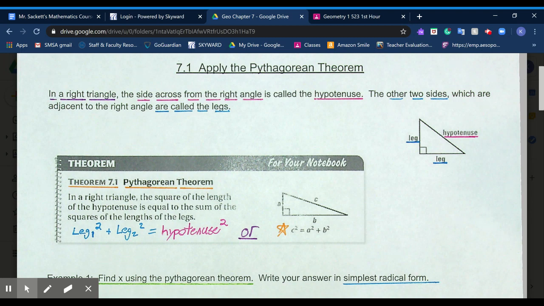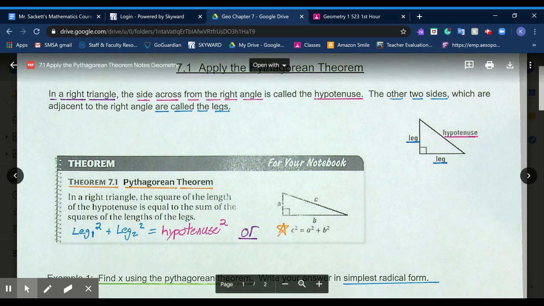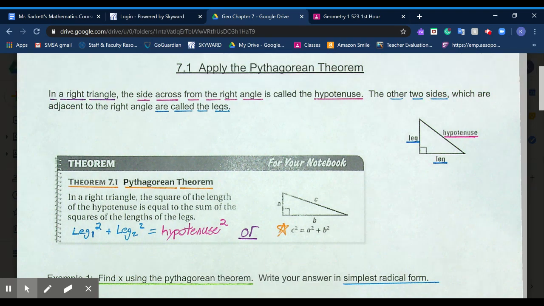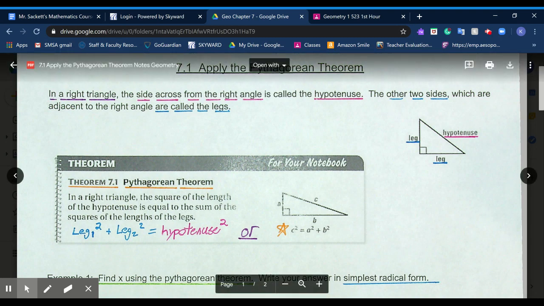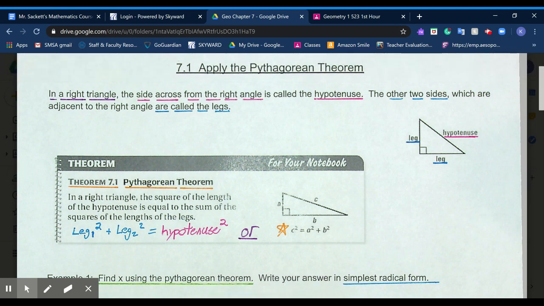We can look at that like this equation right here. Leg 1 to the second power plus leg 2 to the second power equals the hypotenuse to the second power. What we typically call that is a squared plus b squared equals c squared. What you want to keep in mind is the hypotenuse is always the letter c.